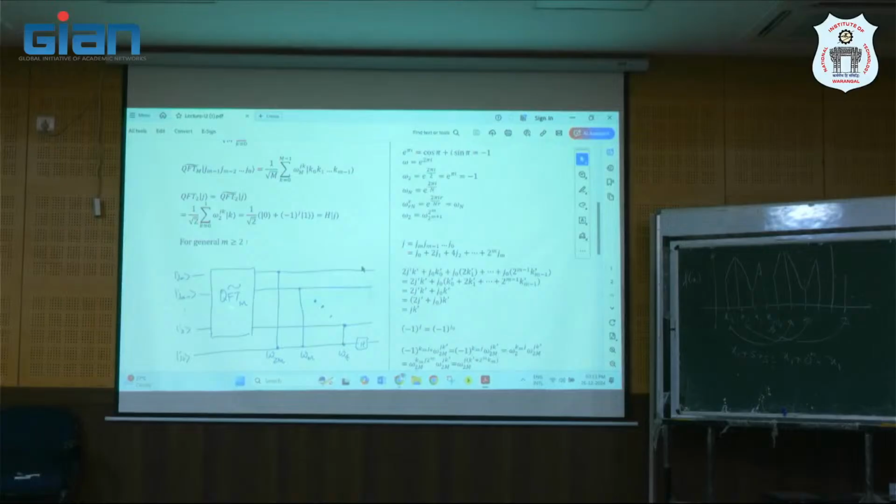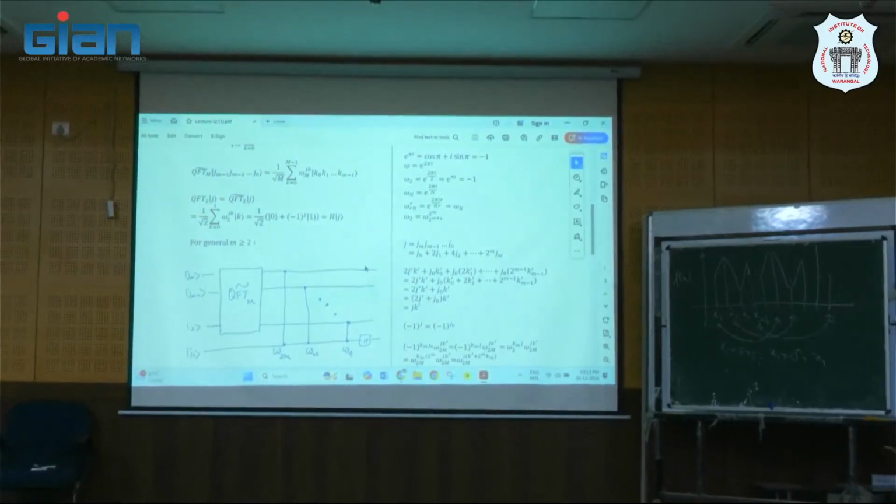Then using this and additional gates, we will create QFT tilde 2 capital M. So this whole thing is QFT 2 to the m plus 1. This is how we are recursively creating our QFT circuit, agreed? We do it for 2, then for 3, then for 4, then 5, like that. Yes?